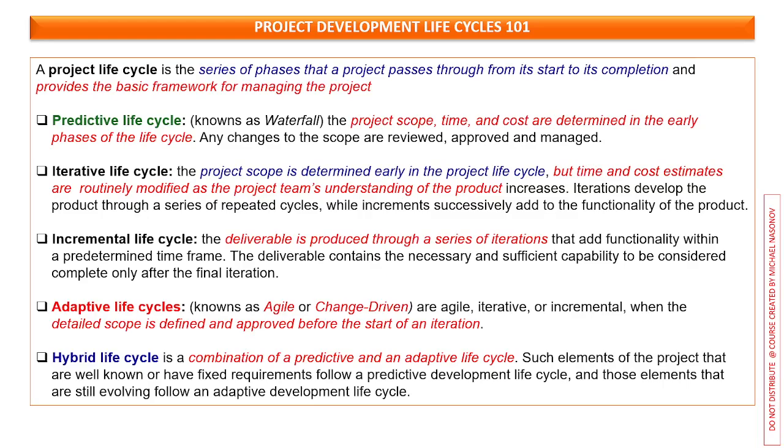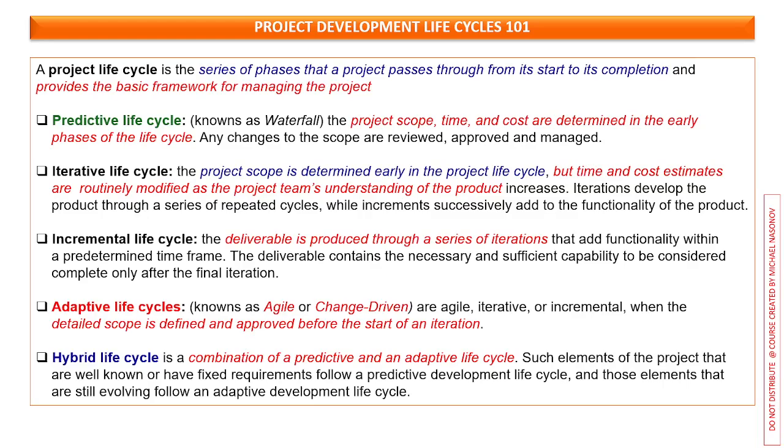There are 5 well-known types. Let's start with waterfall, which is a predictive life cycle, when the project scope, time, and cost are determined in the early phases of the life cycle, so you know it. Any changes to the scope are reviewed, approved, and managed.